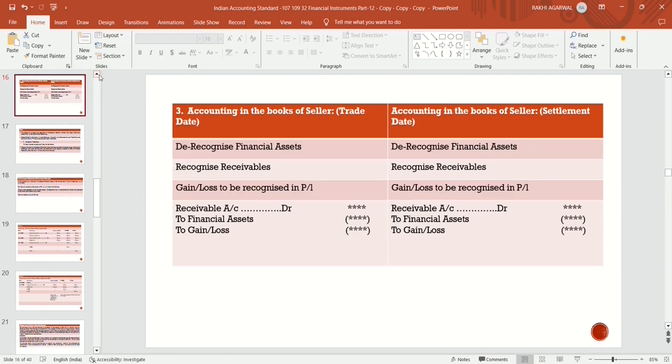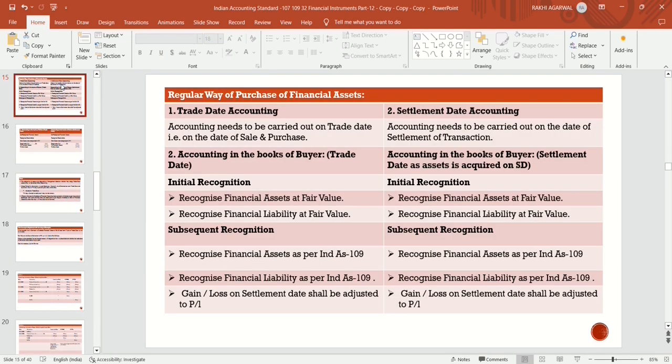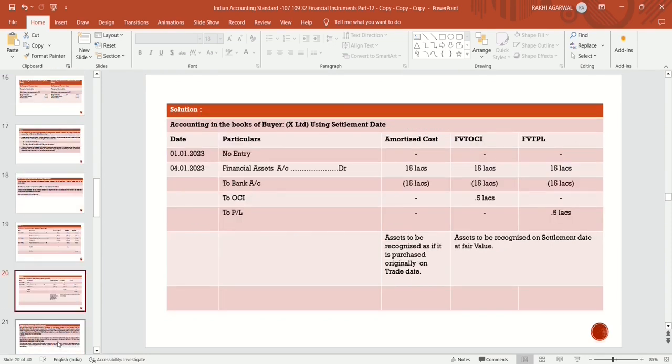As we discussed in our theory, in the books of the buyer under settlement date accounting, the asset is acquired on the settlement date. So, on the trade date, there is no such accounting. On 1st January 2023, when they enter into a transaction, no accounting entry is required in the books of the buyer if they are following settlement date accounting.